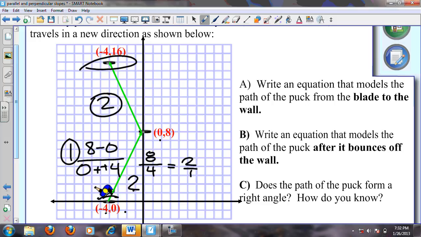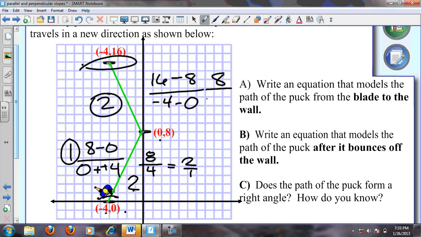So let's find the slope of this line once it bounces off the wall and goes up here. I'm going to use y2 minus y1 over x2 minus x1 again. y2, 16, minus y1, 8, over x2, negative 4, minus x1, 0. 16 minus 8 is 8.